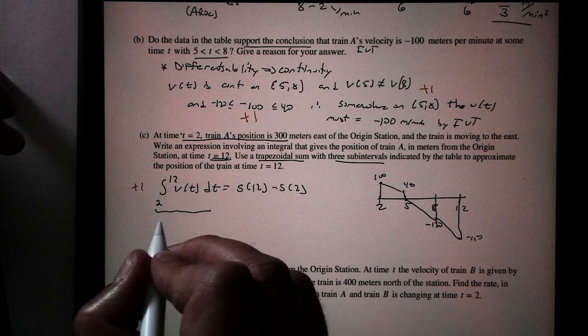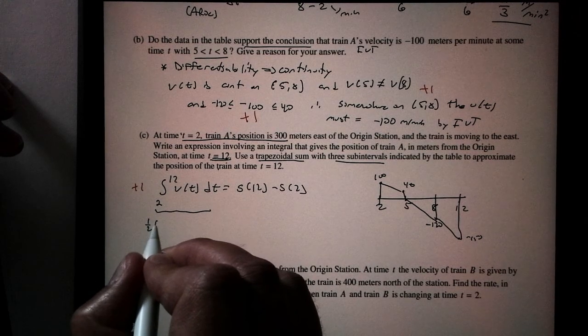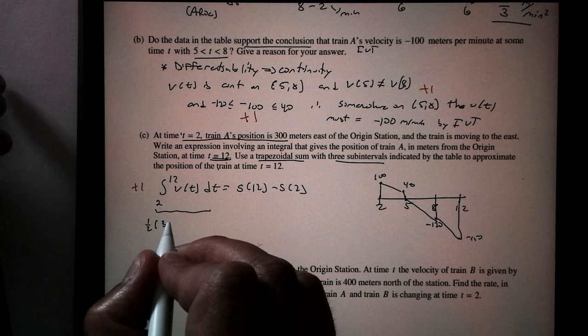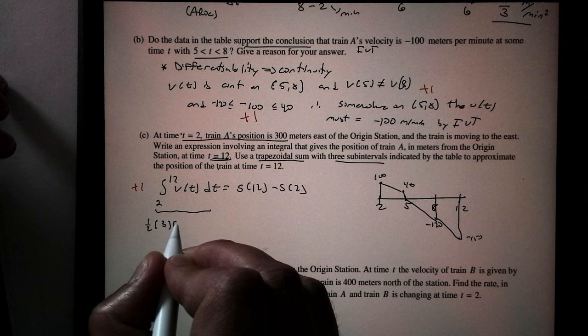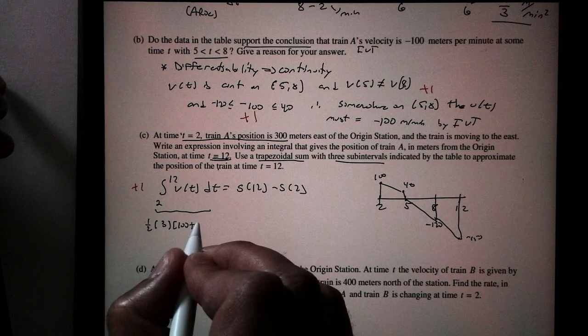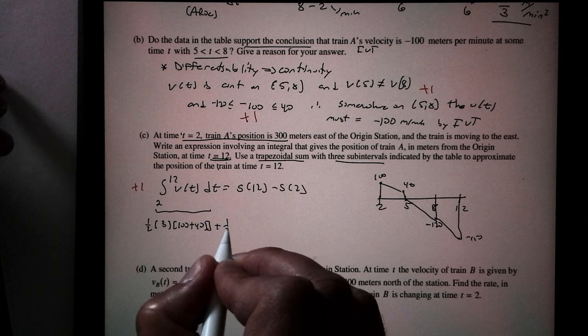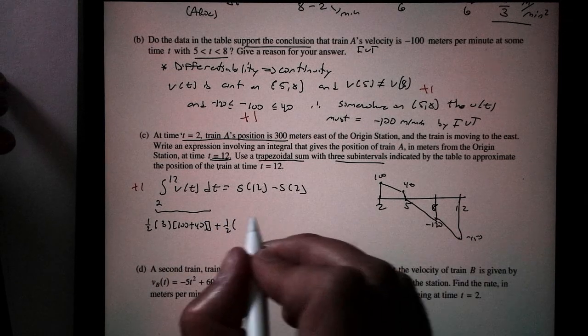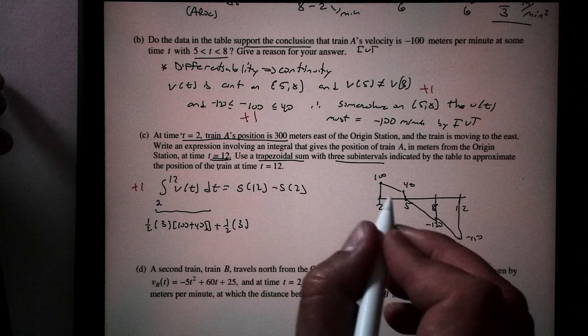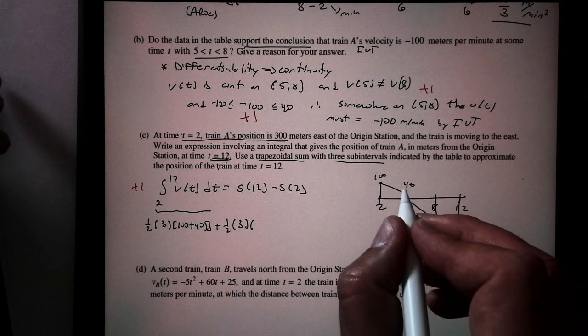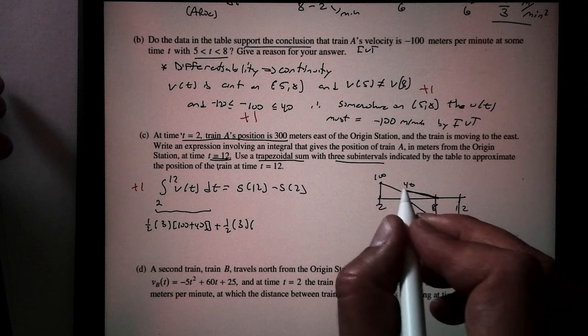And they're trapezoids. So the first one, 1/2, the base is 3, and times the 2 heights, 100 plus 40. Plus 1/2, this one has a base of 3, and it's just going to be negative 120 there. So, oops, sorry, it actually kind of measures like this. That's my trapezoid. It's kind of weird.